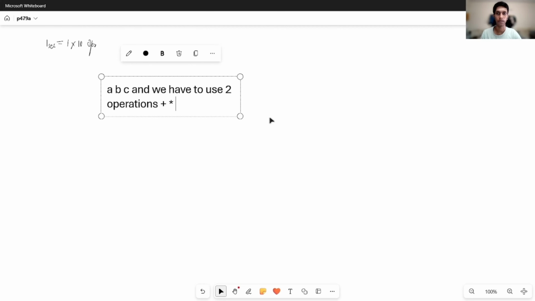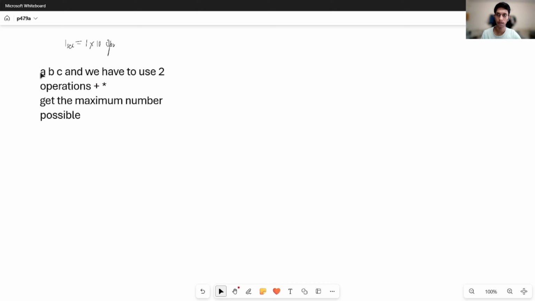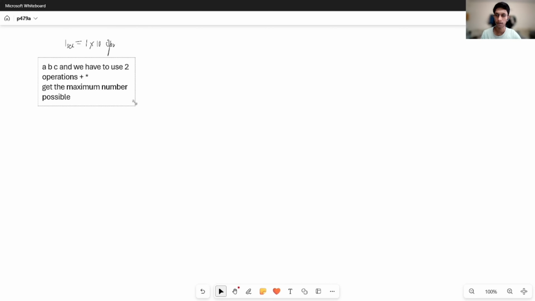By using these we have to arrange A, B, C in such a manner that while using these two operations we get the maximum output. It means the maximum number possible, using these two operations and these three numbers.